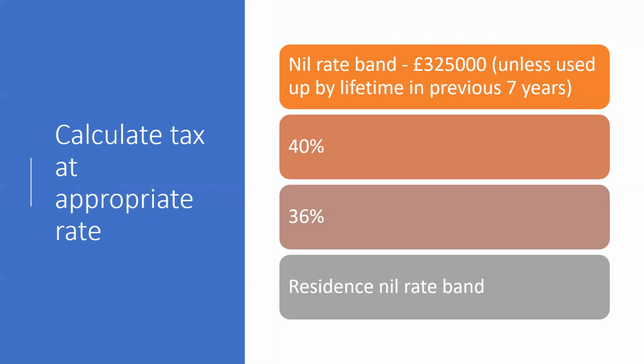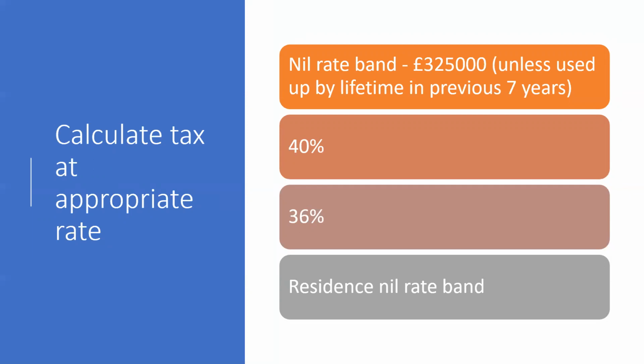But remember I said that the nil rate band goes to the earliest gift in time. So if there was a lifetime gift within the previous 7 years of death that has used up that nil rate band, then you can only use anything that's left. So say you'd made a lifetime transfer 5 years before you died, then that lifetime transfer would use up the first part of that £325,000, and it would only be if there was anything left that you would then be able to use it on death.